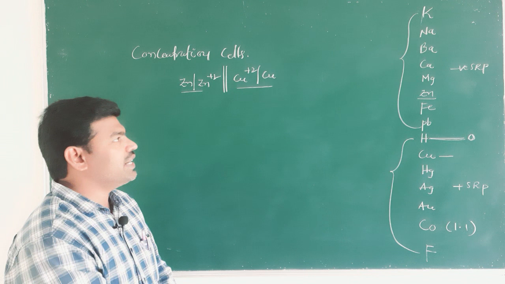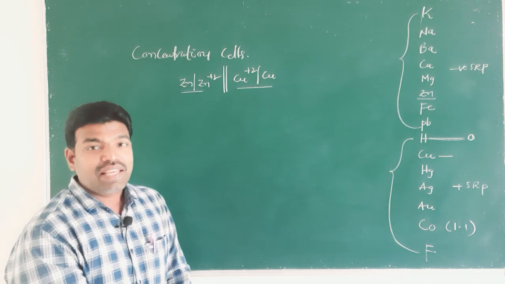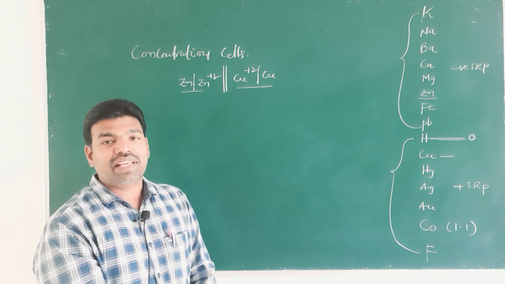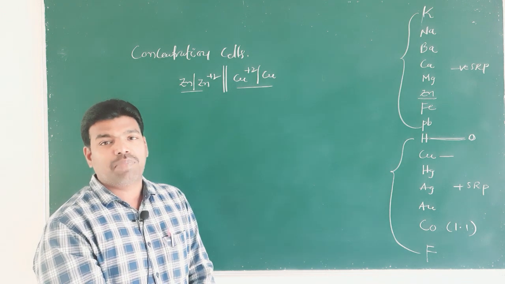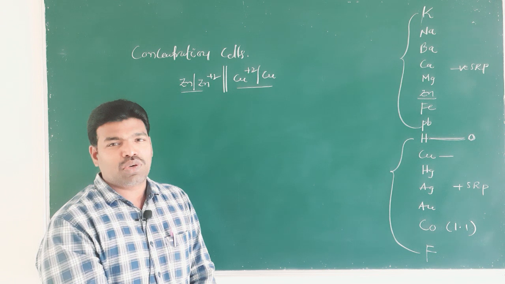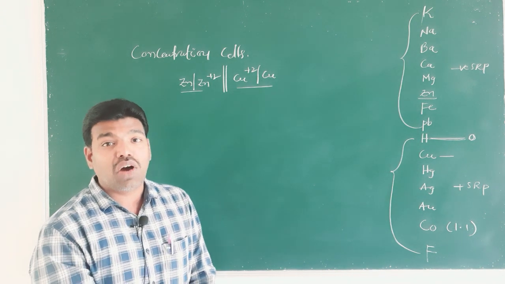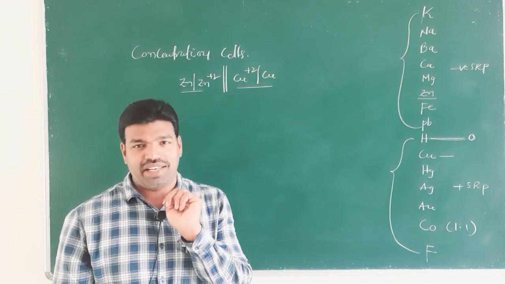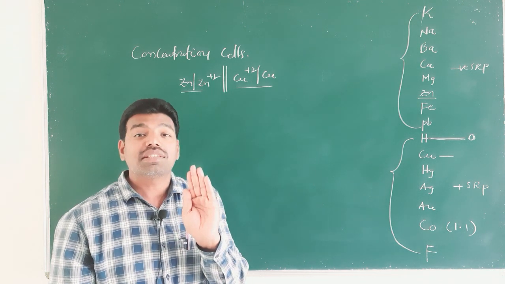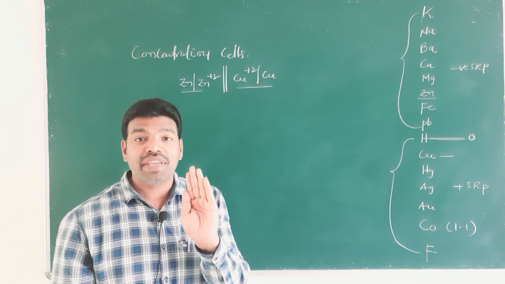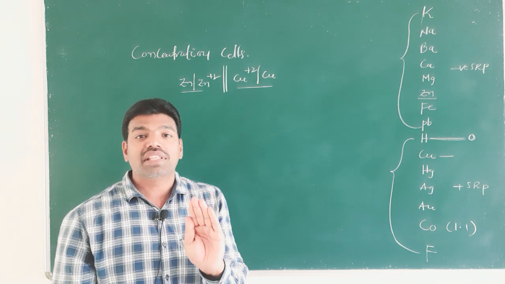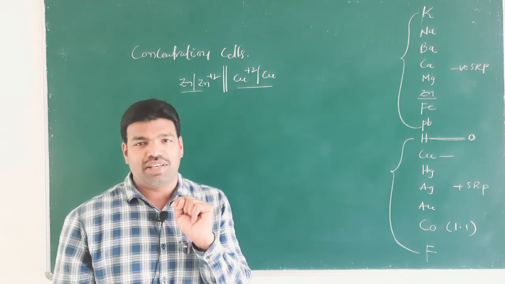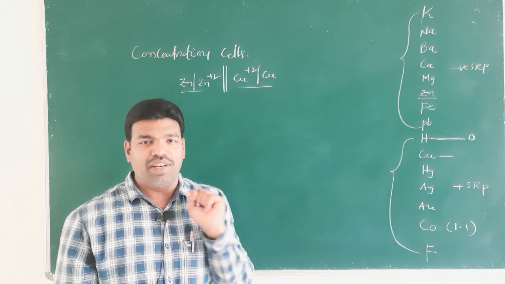So, a concentration cell is a cell that can be constructed with the help of identical electrodes. There is no need for two different electrodes in the construction of a concentration cell. So, concentration cells can be constructed with identical electrodes, that is, a single type of electrode, right?